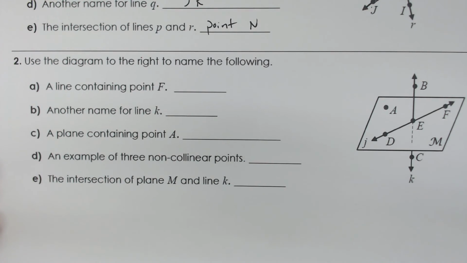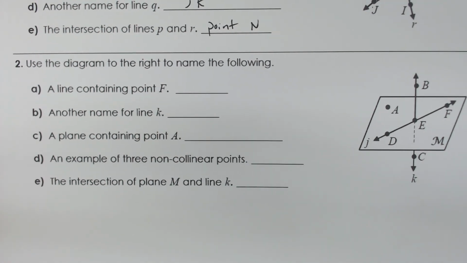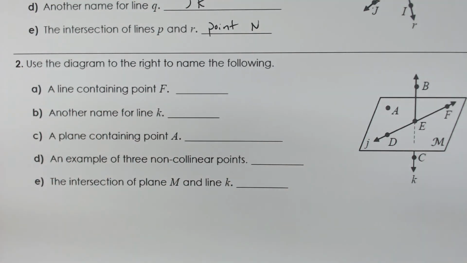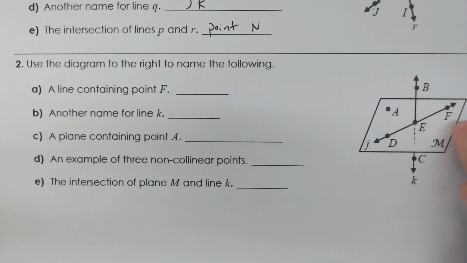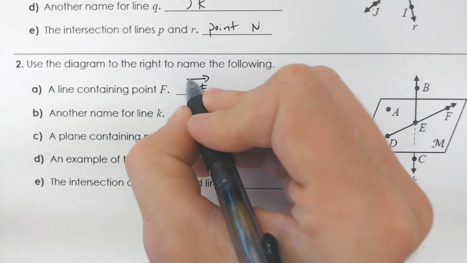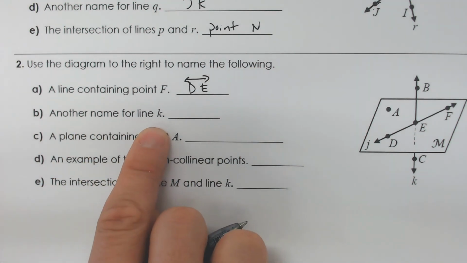So we have, use the diagram on the right to name the following. So we're going to name a line that contains point F. Well, here's point F. We could call that a bunch of things. We could call it line J, line DE, line DF. I'm just going to stick with letters and call it line D to E. What is another name for line K?